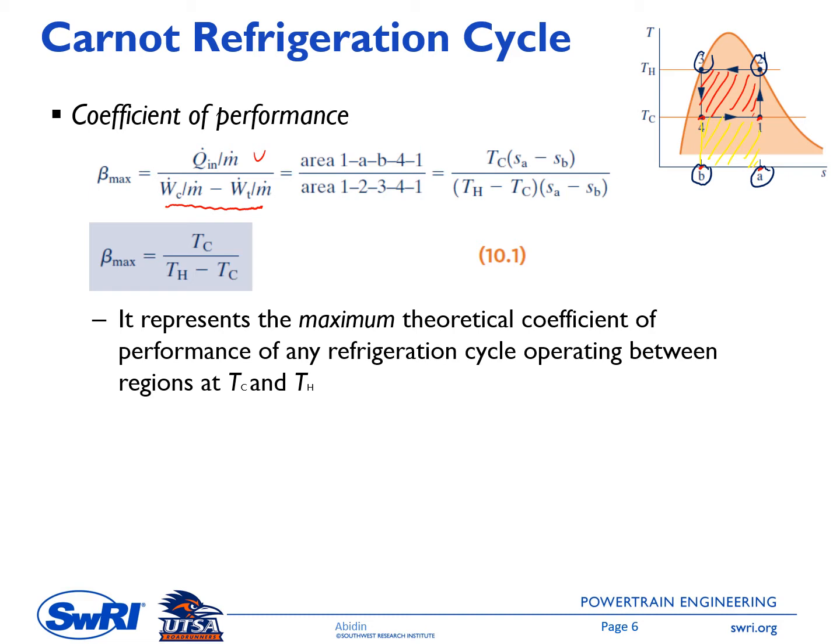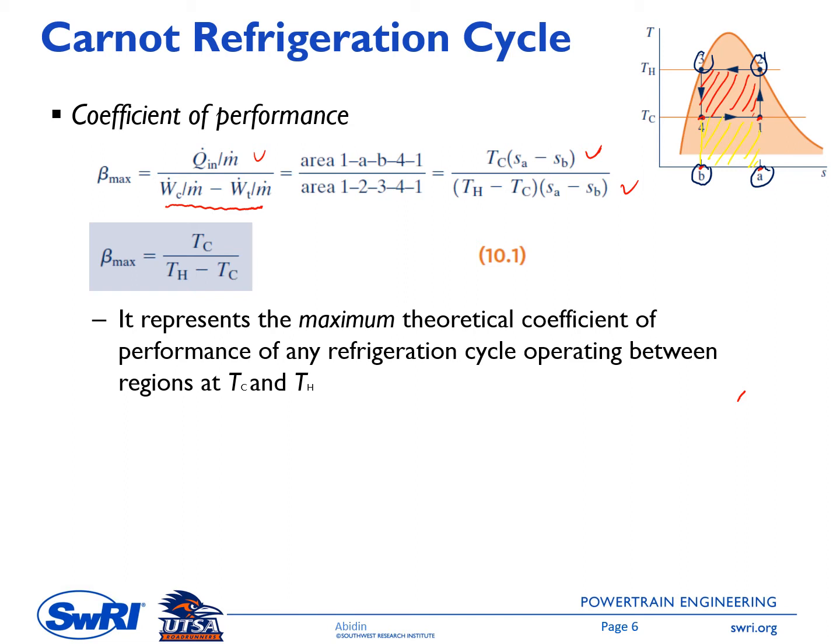You can also use the area to represent Q in and Q out, as well as Q out minus Q in, and formulate the area with a formula. So Q dot in over M dot is TC times SA minus SB, the area represented by the yellow line.